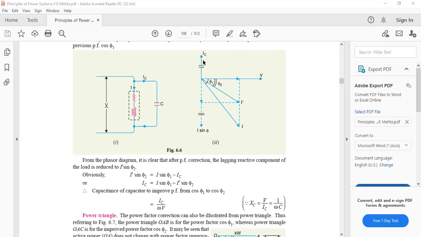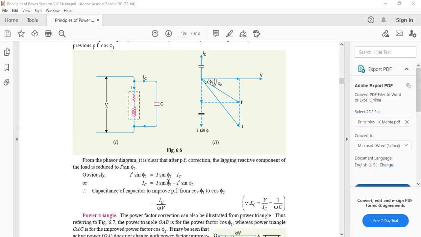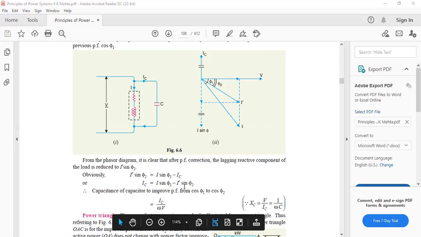Due to this injection only, the lagging reactive component gets partially neutralized. Therefore the difference is IC equal to I sine phi 1 minus I dash sine phi 2, which is the current of the capacitor needed to improve the power factor from cos phi 1 value to cos phi 2 value.